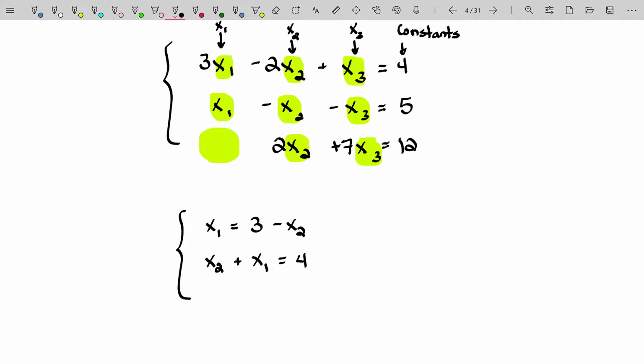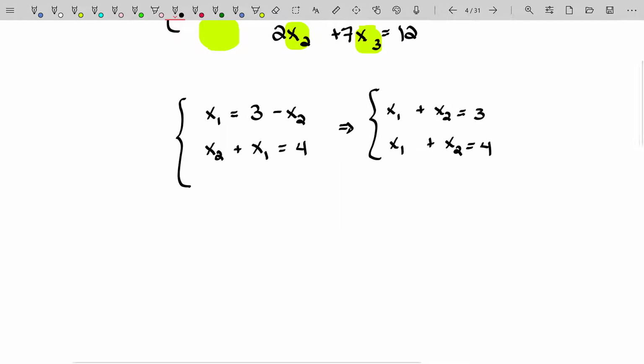So you could rewrite this system here as x sub 1 plus x sub 2 is equal to 3, and then x sub 1 plus x sub 2 is equal to 4. I made up a system here that actually has no solution.